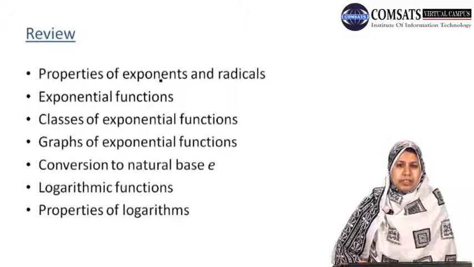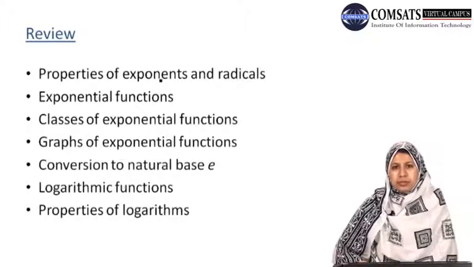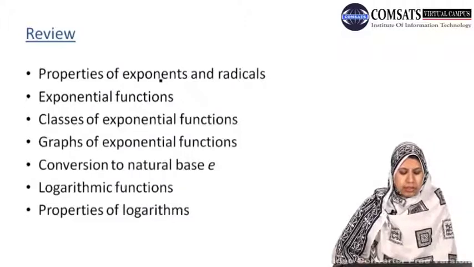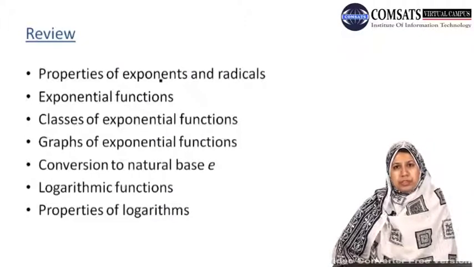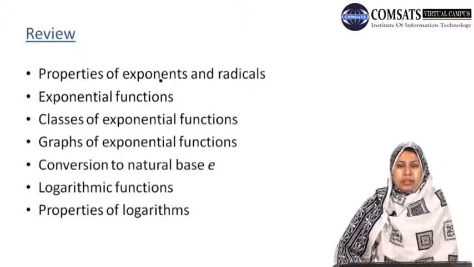Then we studied the definition of exponential functions along with some examples, and the classes of exponential functions, that is two particular cases when b is any base and when b is a special number e, the irrational number e. Then we have seen the graphs of exponential functions for two different cases, when b is strictly greater than 1 and when b is between 0 and 1, and the characteristics of the exponential functions with the help of graph.